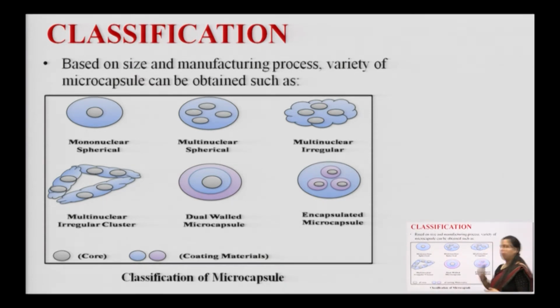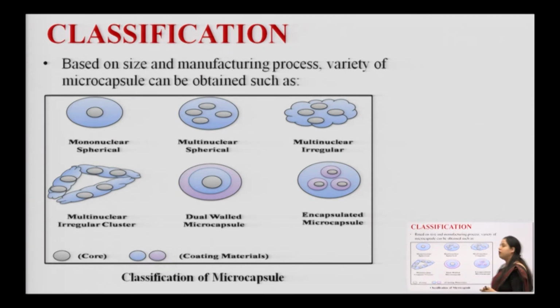Whereas, in the multinuclear spherical shape, you can see a variety of core particles encapsulated in a single layer of polymer, or coating material.